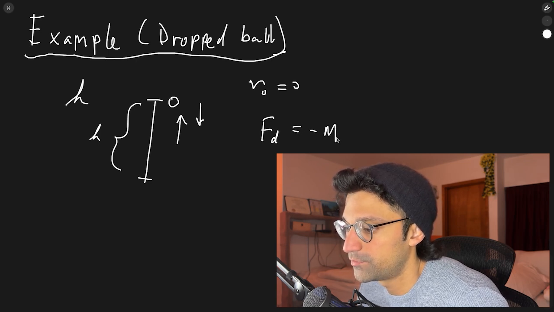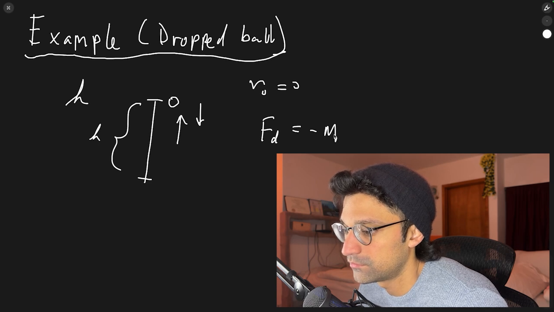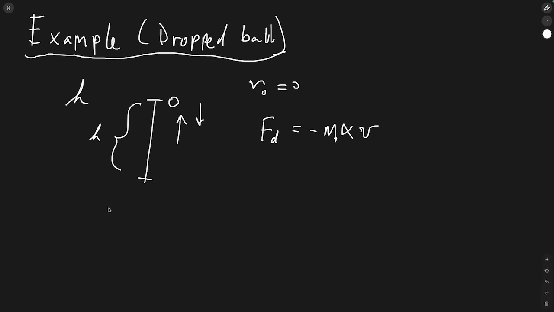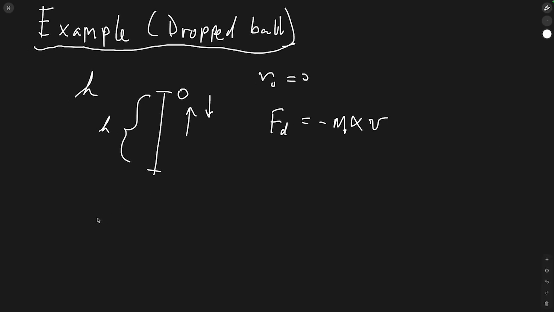Mass of the ball times alpha, some constant, times the velocity. It's a weird v. Okay, we don't have to solve this right now. We'll find later in chapter 3 that the ball's velocity with time is going to equal minus g over alpha times 1 minus e to the minus alpha t.